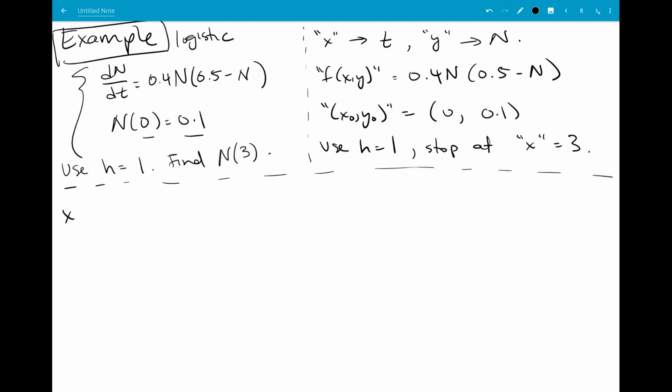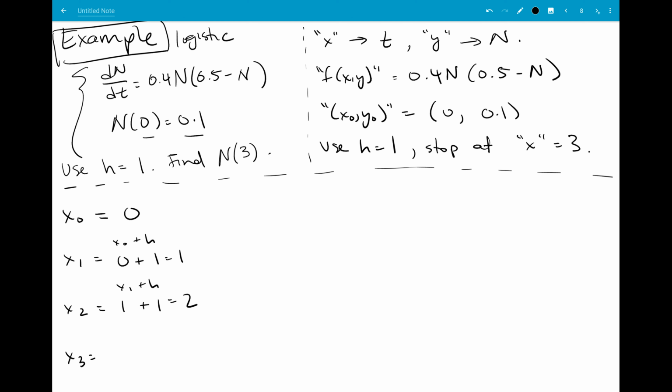So what I'm going to do here is that tip that I gave you for making sure that you include all the x values by just computing them all to start. So we started x0 equals 0, and then we know that x1 would be x0 plus h, so that's 0 plus 1, that's 1. x2 would be x1 plus h, so that's 1 plus 1 is 2.